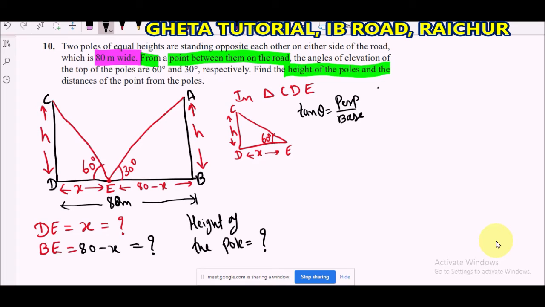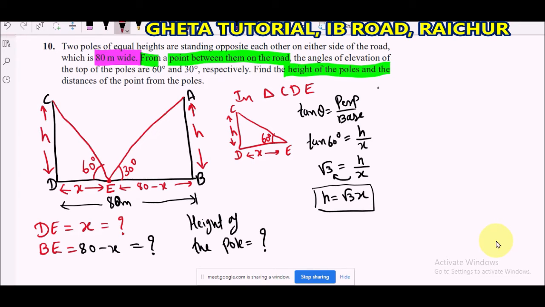Here theta is 60 degrees, perpendicular is h, base is x. So tan 60 is root 3. Root 3 is equal to h by x. Cross multiplying, we get h is equal to root 3 x.